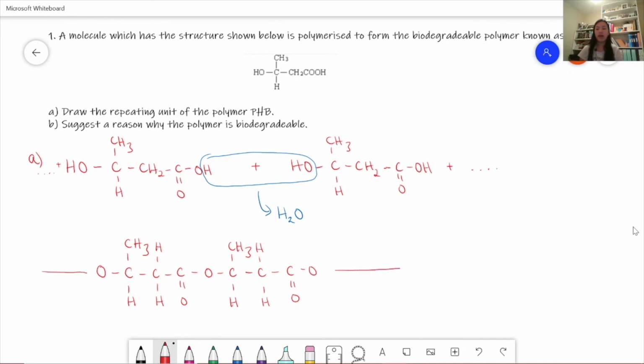Remember, we have to add these trailing bonds to signify that it goes on, and then we put a square bracket and then n. So this is our polymer. And actually, this polymer is a polyester, and the reason we know that is because of this here. This is an ester group.